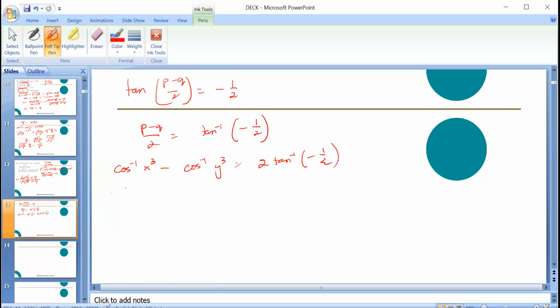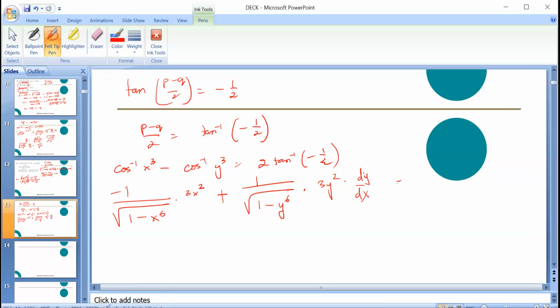Derivative of cos inverse is minus 1 by square root of 1 minus x power 6 into x cube derivative is 3x squared. Minus, derivative of cos inverse is minus 1 by square root of 1 minus y cube whole square, and y cube derivative is 3y square dy by dx, which is equal to 0.